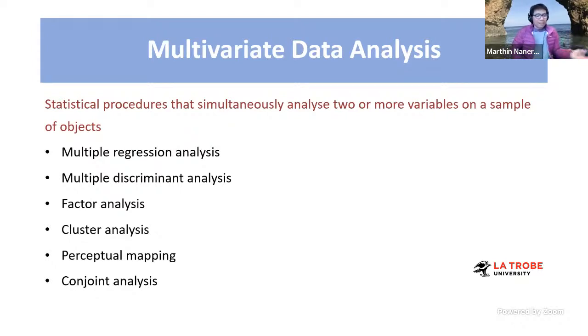So in marketing research, factor analysis is most frequently used when analyzing data coming from rating scales. Respondents may be asked to rate a service on a whole range of attributes.